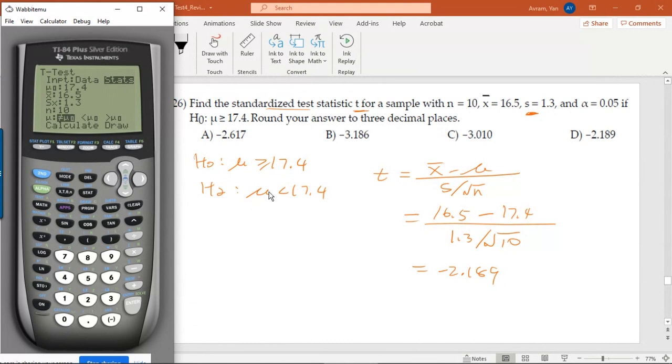And then we say this is a left tail test because I have a less than. All right, the good news is when you do this, it's giving you both numbers. It's giving you the t value, and it also gives you the p value, which is the additional one. So you don't have to read the table again. So the t here is negative 2.189.